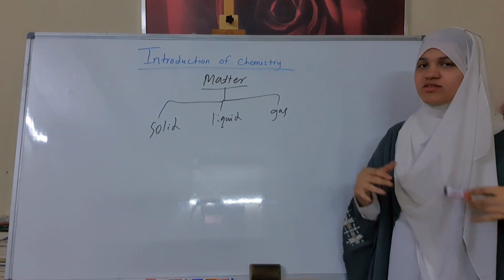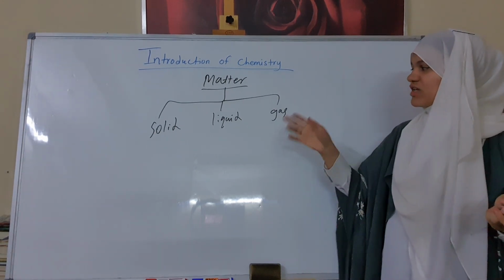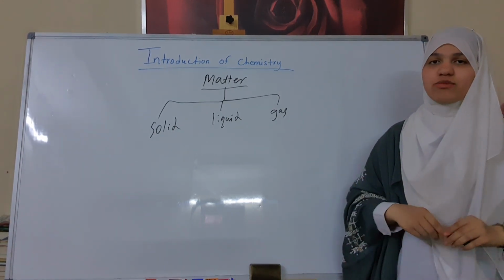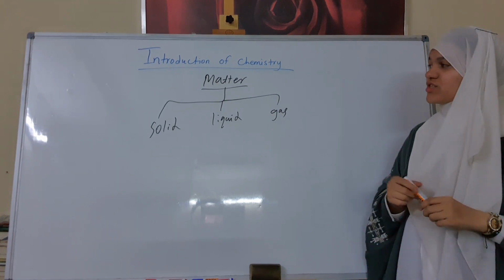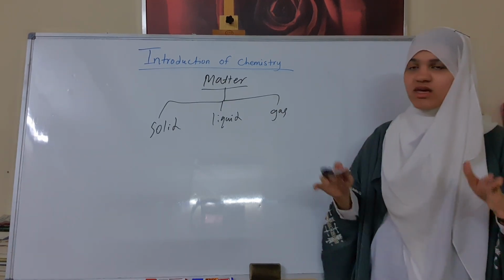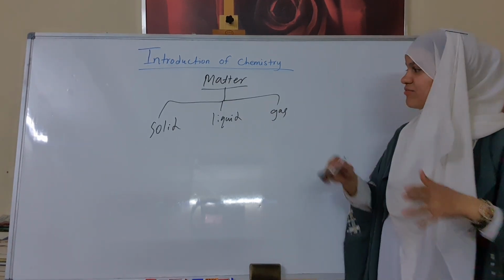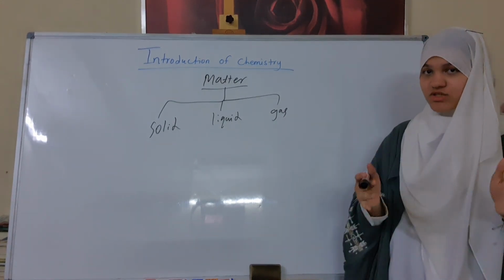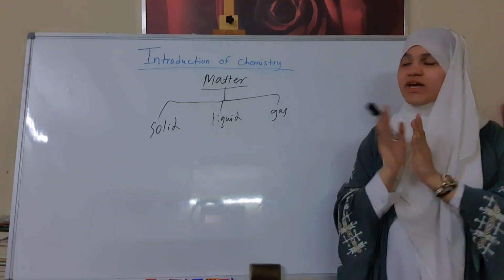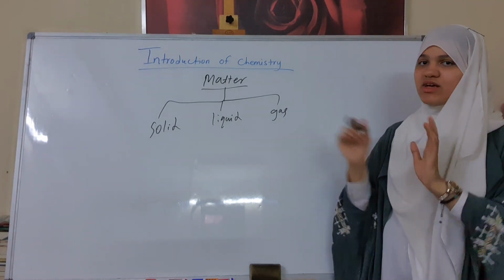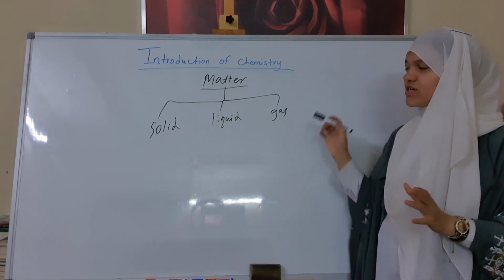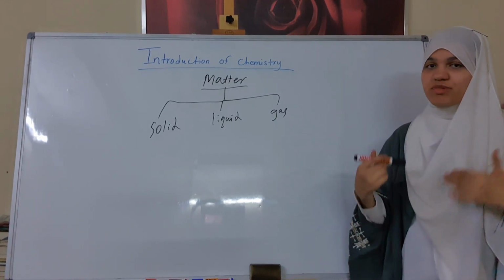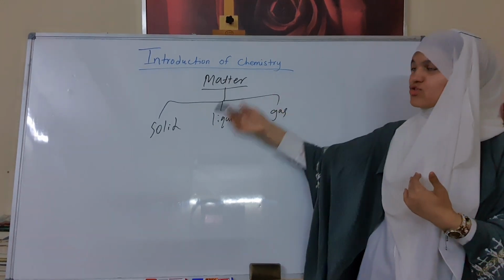Do you know that there is a big difference between solid, liquid, and gas? For example, right now we have water. We have water, right? It can be in a solid phase, it can be a liquid, and it can be a gas. How can water, the compound H2O, be all three? When water is ice, that means it's in the solid form.